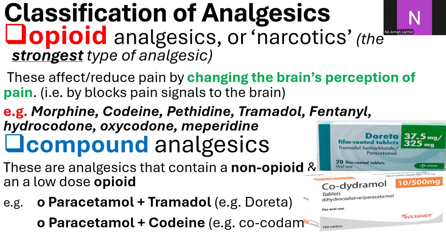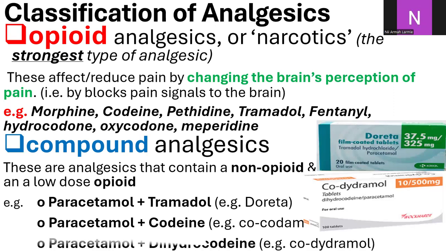So examples include paracetamol with tramadol, or paracetamol with codeine, or paracetamol with dihydrocodeine, or aspirin, paracetamol, and codeine. So when you have a simple analgesic and an opioid, you get a compound analgesic.